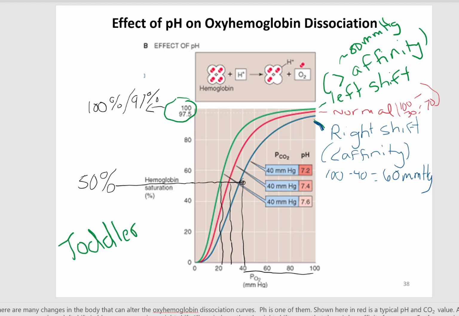Now, you try and explain to a toddler why you're giving them a present and then why you're taking it away from them. They do not understand. So I want you to think of a left-shifted hemoglobin like a toddler. That's why I wrote it in green. It's very easy to give a toddler a present.